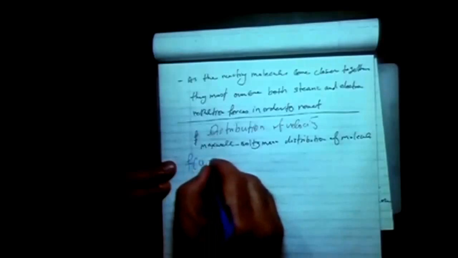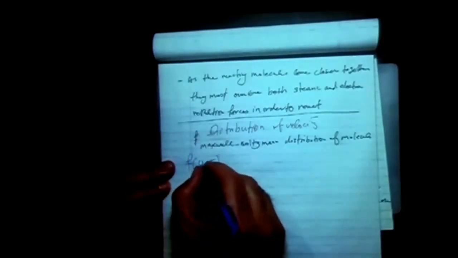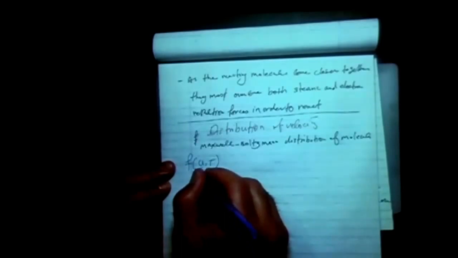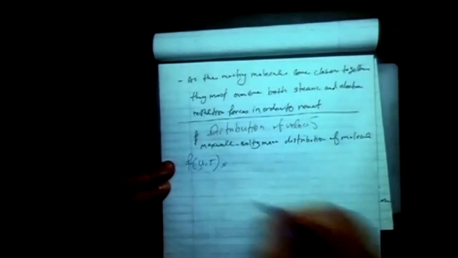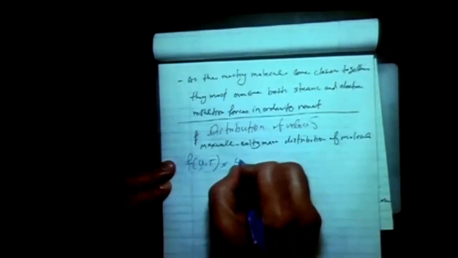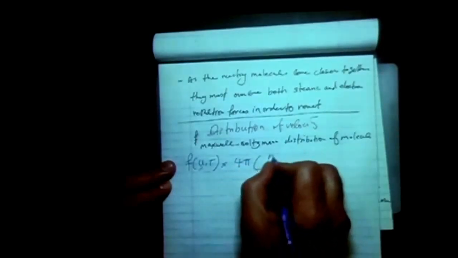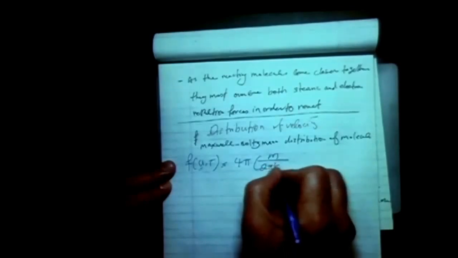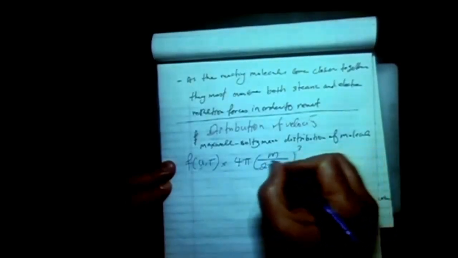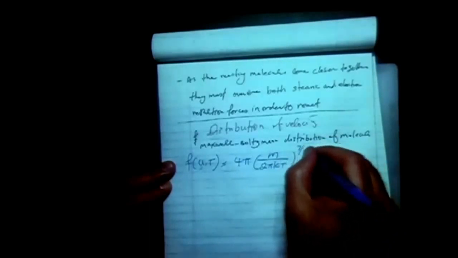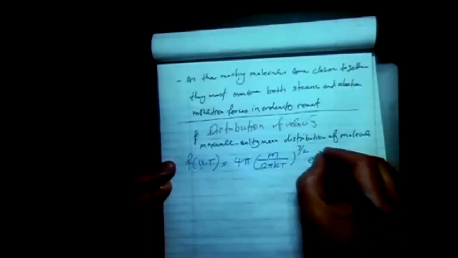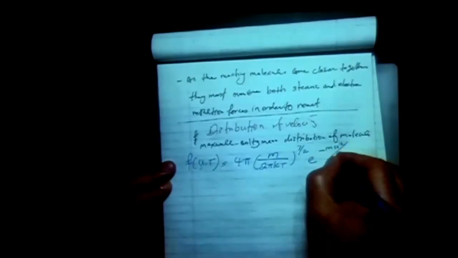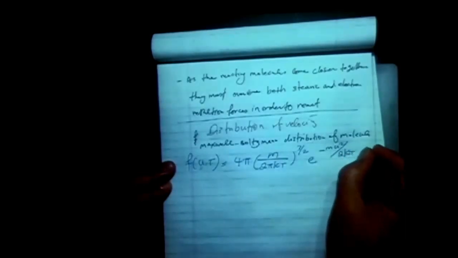It says that f of u and temperature, basically the function of velocity of the molecules and temperature, which are two important parameters, is a lengthy mathematical equation: 4 pi, m over 2 pi kT, this is the Maxwell constant, to the power 3/2, times e to the minus m u squared over 2kT, times u squared.